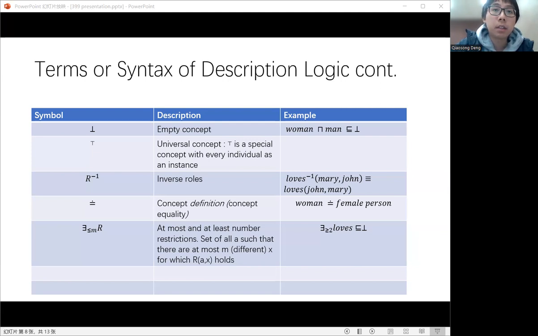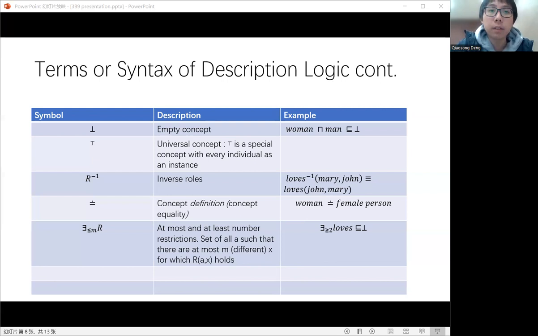The concept definition symbol can be used nearly the same as the concept equivalence. And the last syntax, the at most and at least number restriction syntax, lets you restrict the number of pairs in a role.